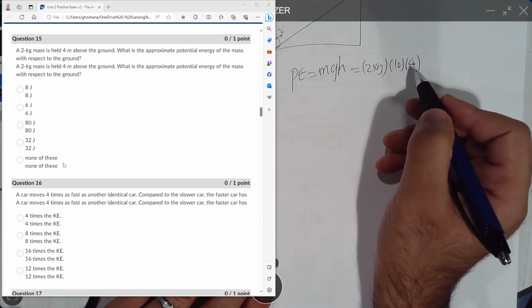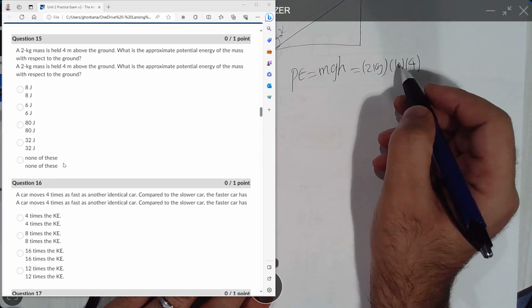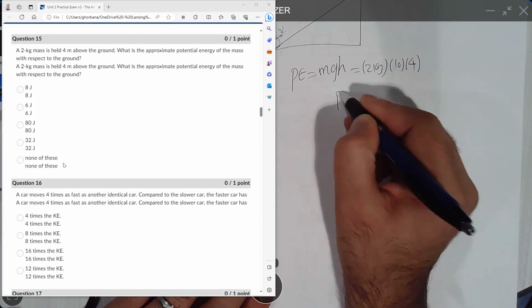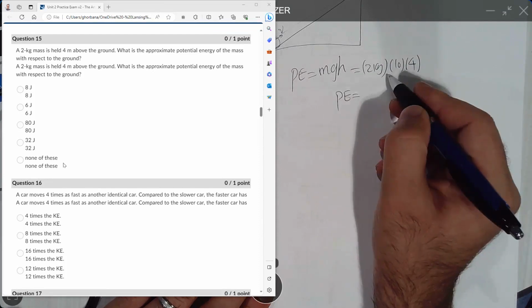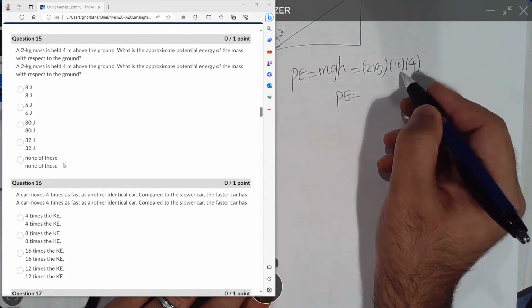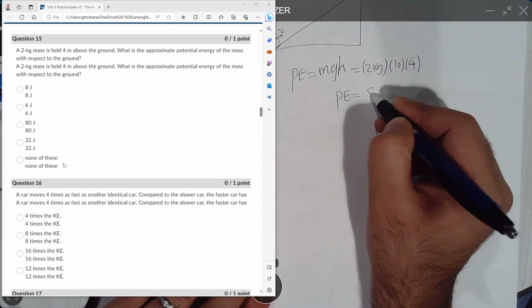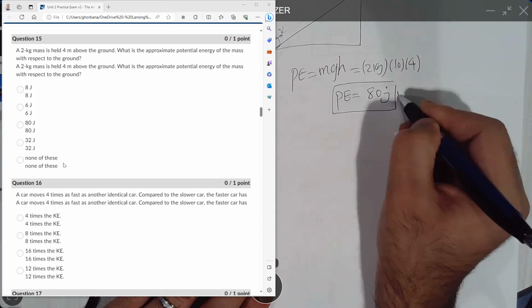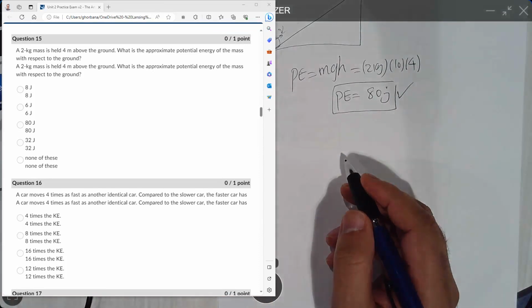So when you multiply these, 2 times 10 is 20, and 20 times 4 is 80. Good. So what is the right answer then? 80.